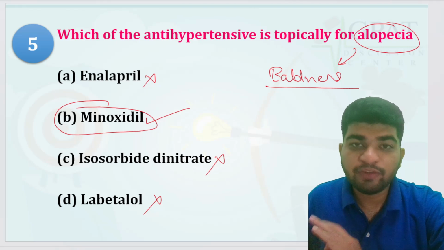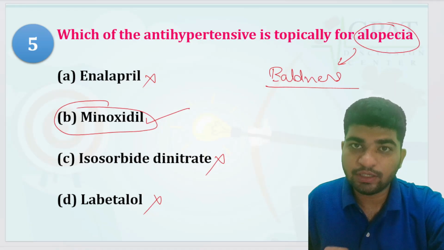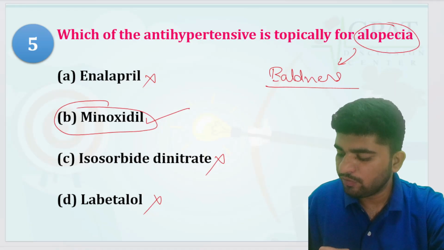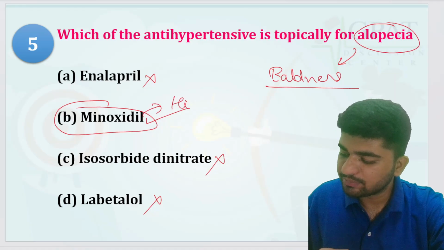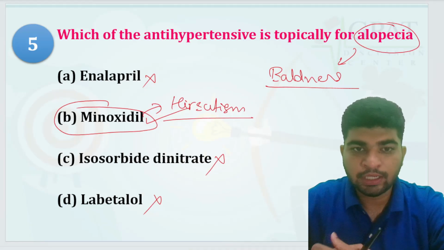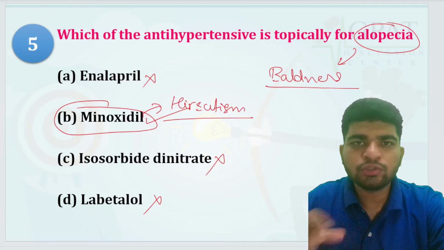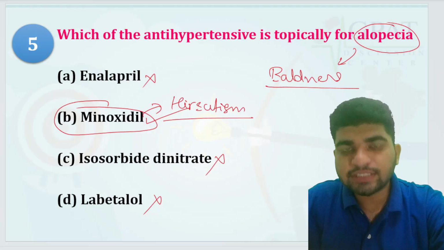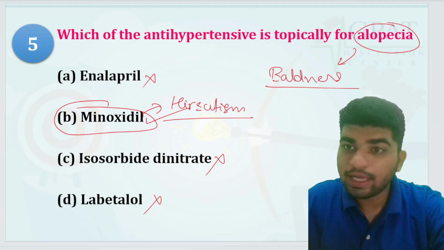Minoxidil was previously used as an antihypertensive drug, but it has a side effect of hirsutism, that it may increase the growth of hair all over the body. Because of that side effect, it is now used for alopecia.